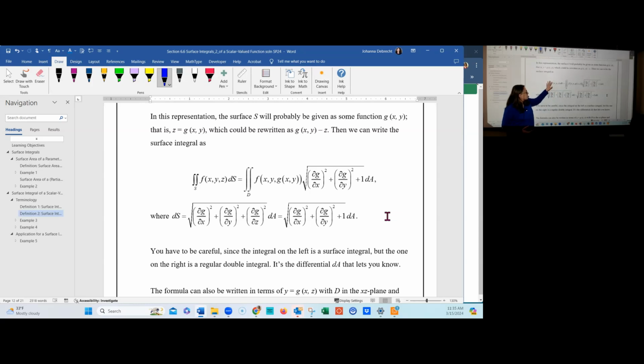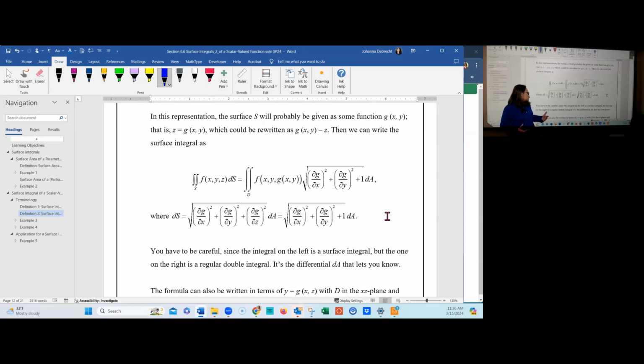The surface integral with the differential dS, which is not the arc length differential but the surface area differential, becomes f of x, y, g of x, y, where z is that function, multiplied by the square root of the partial of g with respect to x squared, plus the partial of g with respect to y squared, plus 1. Now you may be looking at this going, how in the world is that related to f of r of u and v multiplied by the magnitude of the normal vector?